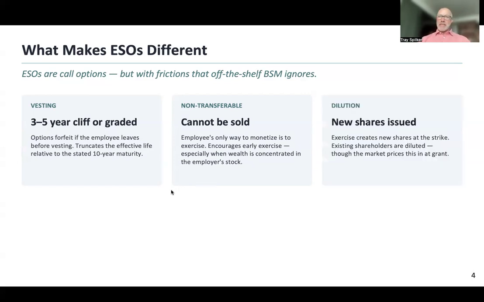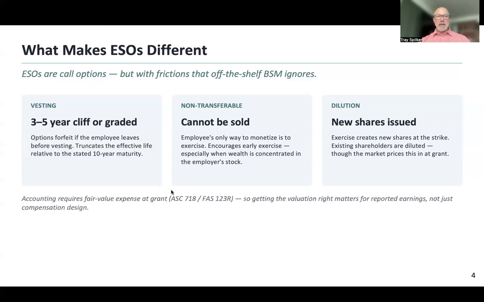Lastly, you have to deal with the option's dilution effect. That is, when the employee exercises the option, the new shares are issued at that strike price. So that means that the existing shareholders are diluted. But the dilution actually occurs when the grant is made, right? Because markets are forward looking here.